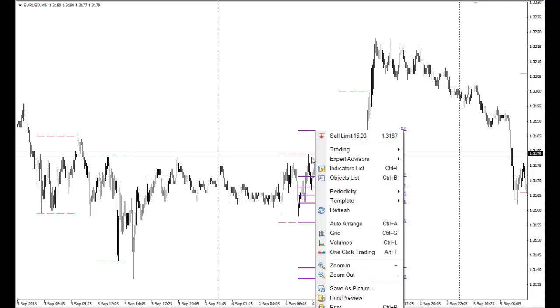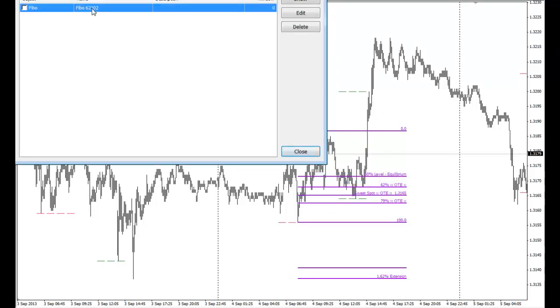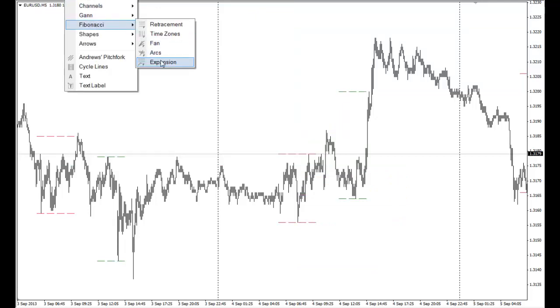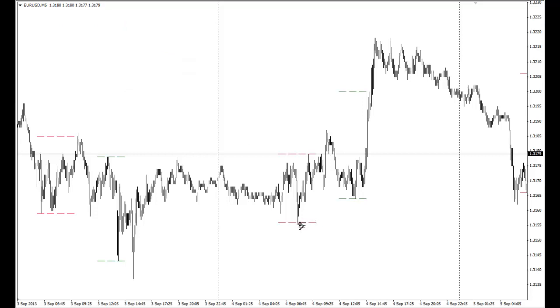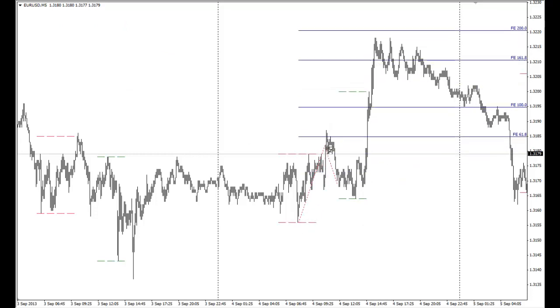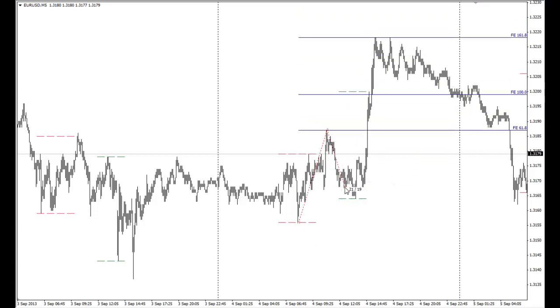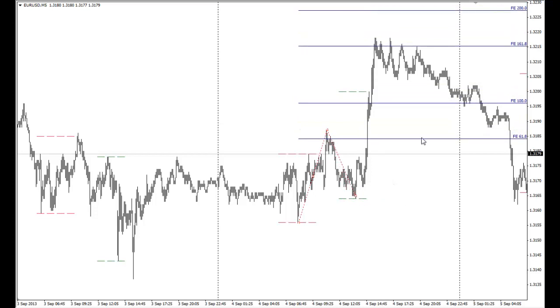Now, if you use your Fibonacci tools, here's your 162 extension, nailing it for the high.